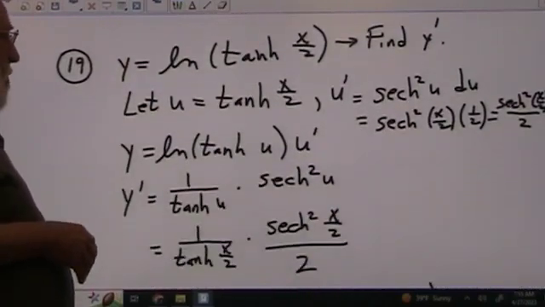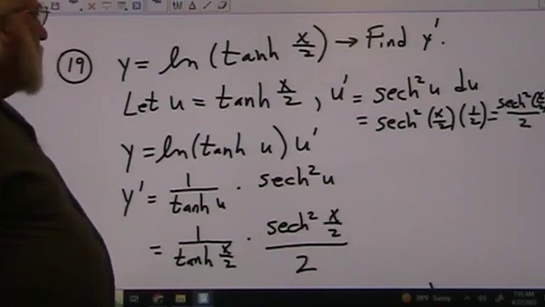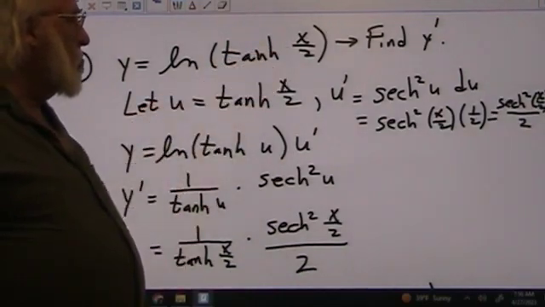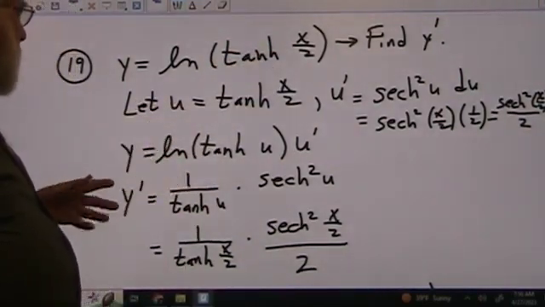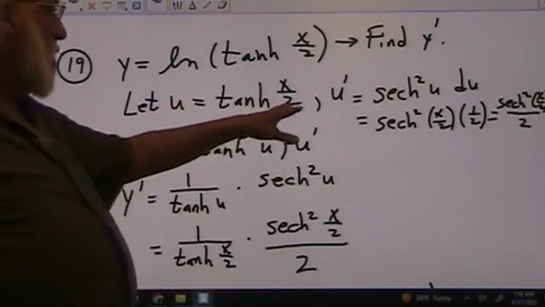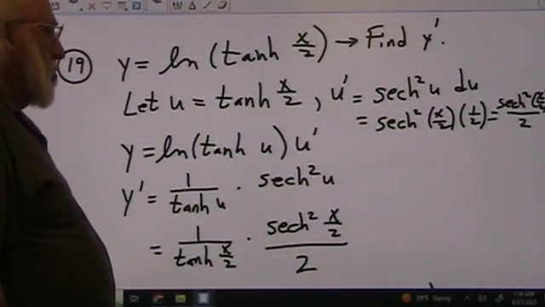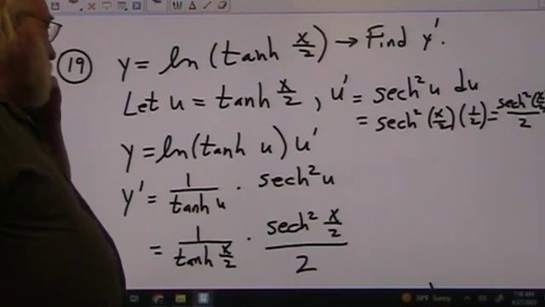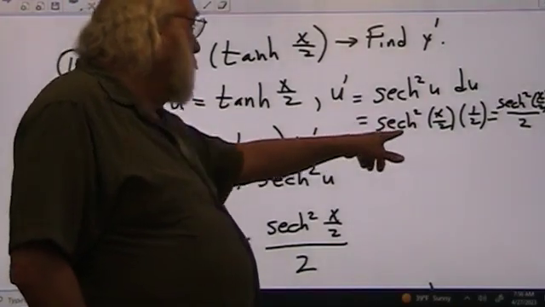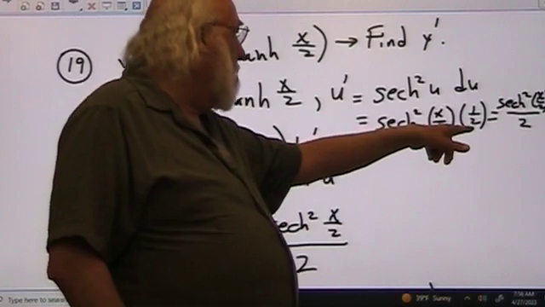We get into something a little more involved, like number 19, in which case we take the natural log of tanh of x over 2, and we want to find the derivative of that. So we're going to let u be the tanh of x over 2, which means that u prime is sech squared u times u prime. In this case, u prime is going to be sech squared of x over 2 times 1/2.